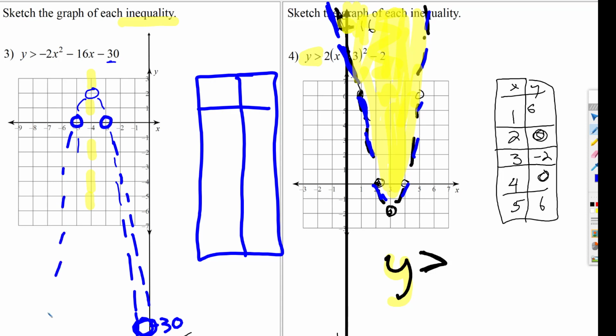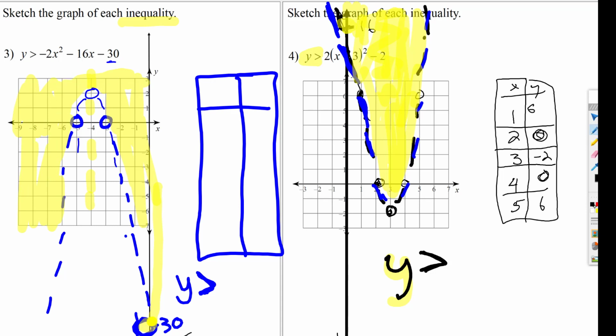And this is going to go like that. All right. So now, what does this inequality say? This says y are all the values greater than. So when you put your pencil right there on the y-axis and you go up, it's on the outside of that. So you shade everywhere on the outside of that inequality.